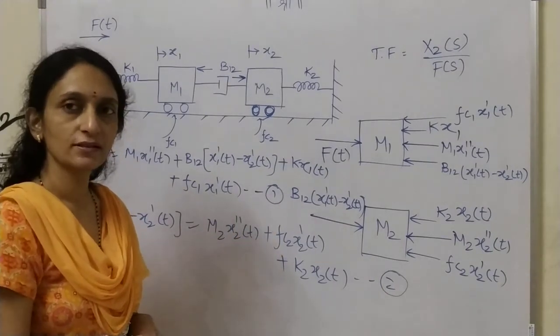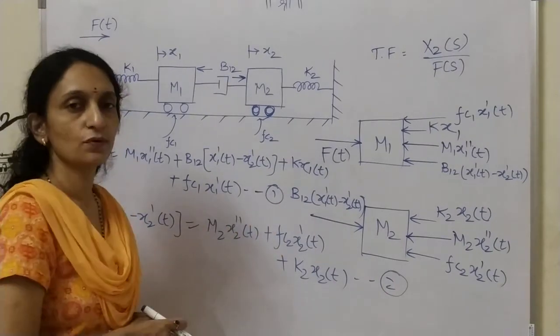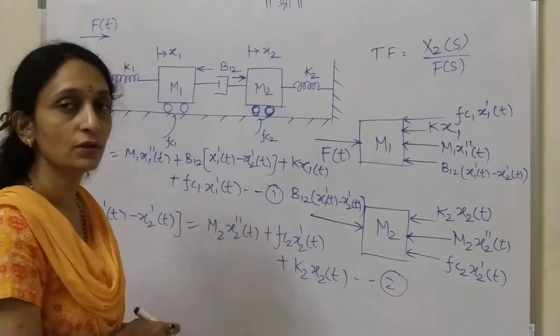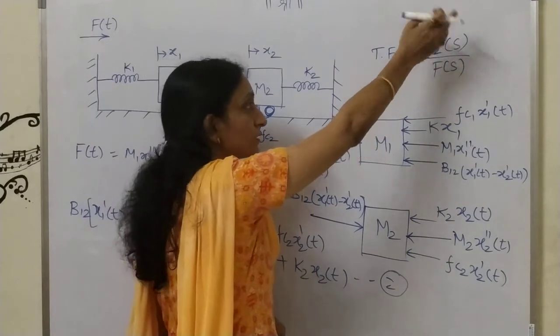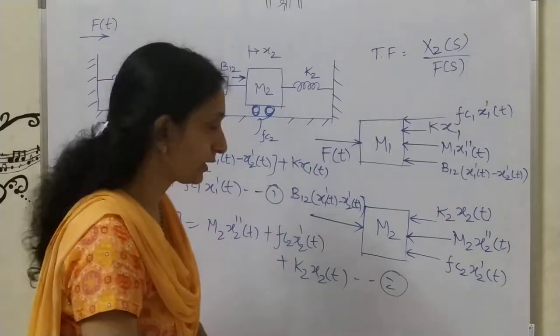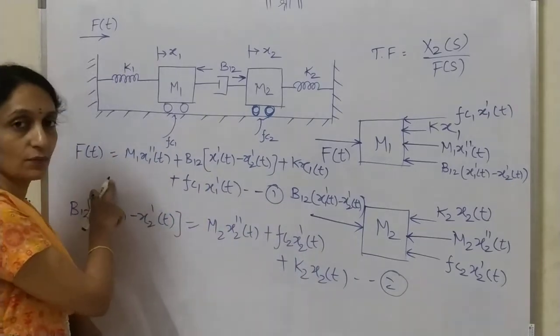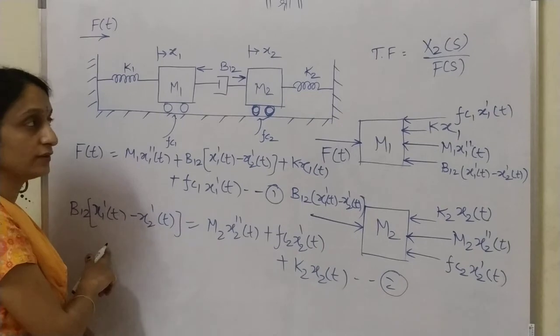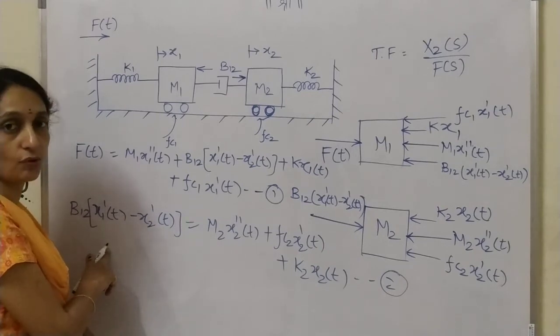Now what is the next step? You have to take the Laplace transform of equations number 1 and 2. After taking the Laplace transform, you need to take care of what you have to obtain. You have to obtain the transfer function. From the first equation you will get F of s. From the second equation you have to see what you have to obtain.